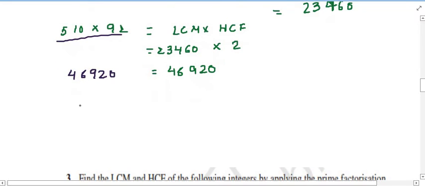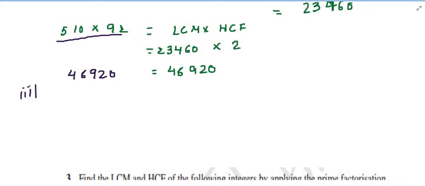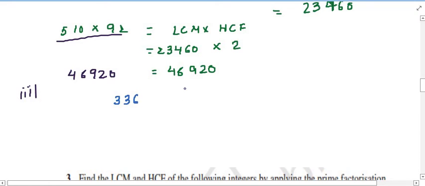Now we will do the third part, and the given numbers are 336 and 54. First, we have to find the prime factors of these two numbers.